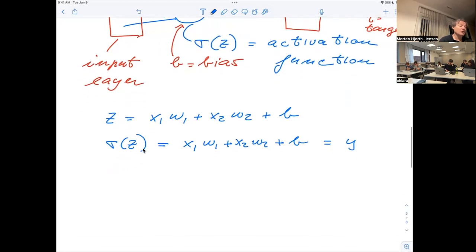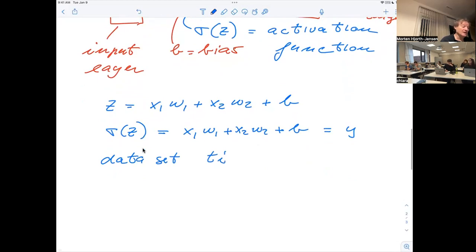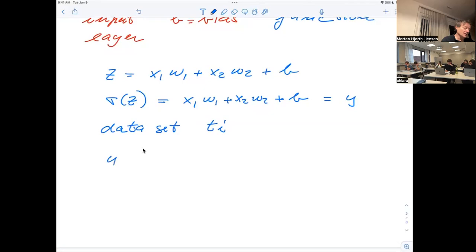We would write this in a more compact way. We would have a data set of t, y, and then clearly we want to produce this output y of i. So that means that what we are going to have more generically is that this y of i is going to be given by this function sigma of x of i, and then we are going to rewrite this in a more compact way where we have theta as a collective container for the unknown parameters.